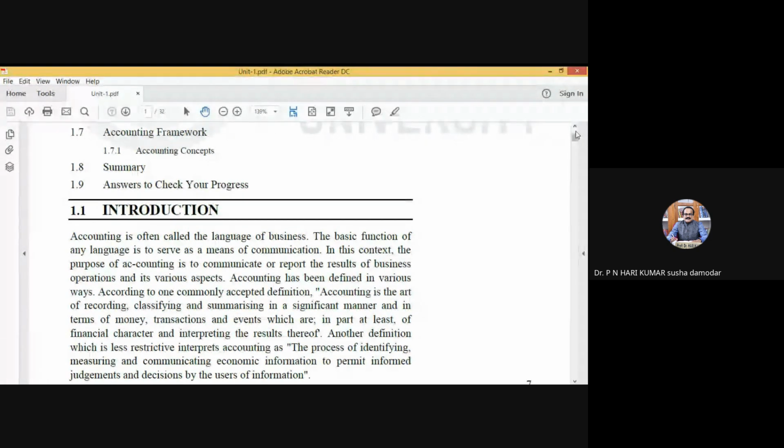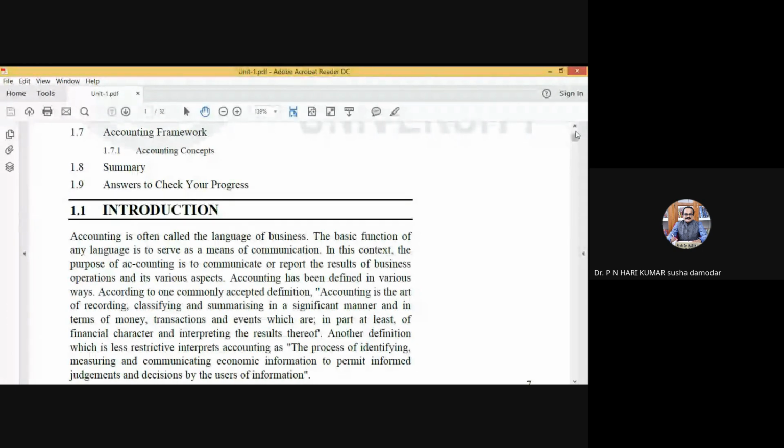See, a lot of transactions take place every day in the business field, for example sale of commodity, purchase of material, payment of wages, payment of salary, payment for stationery.